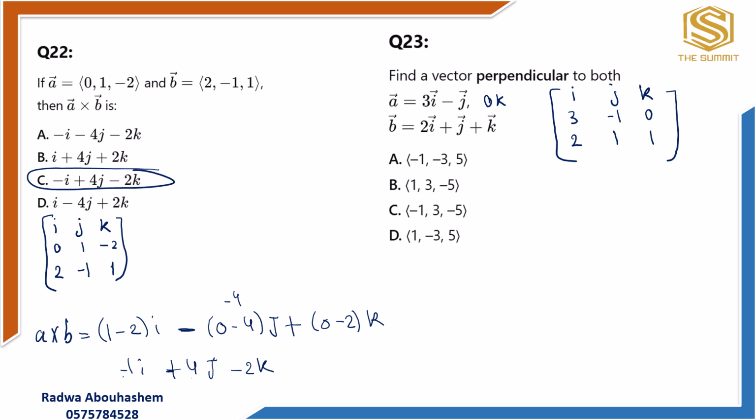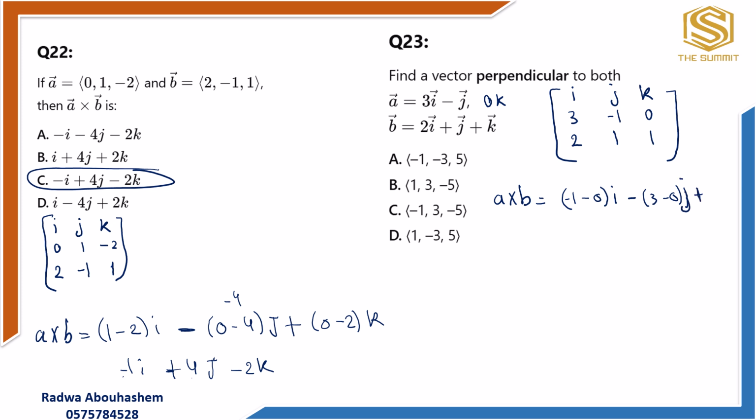Let's start with the i first. So negative 1 times 1 gives me negative 1, and 0 times 1 gives me 0. So it's negative 1. There's i. Minus. Let's go for the j. 3 times 1 is 3, and 0 times 2 is 0. So this is j.